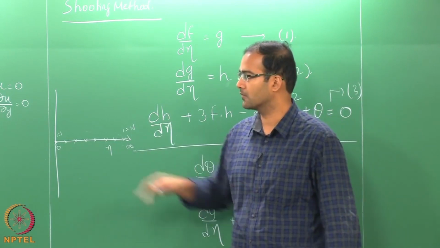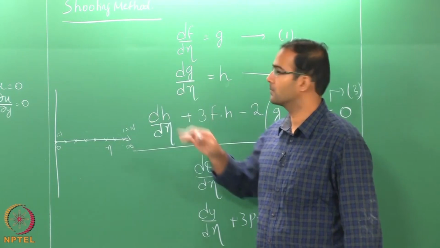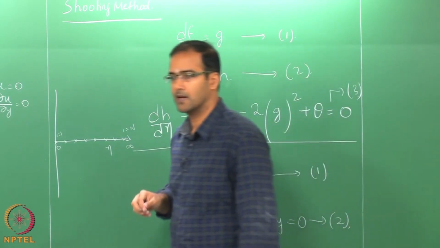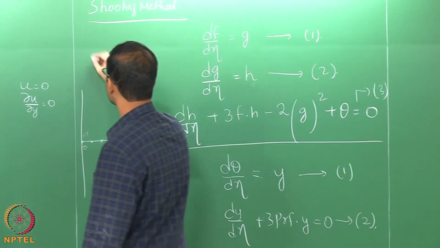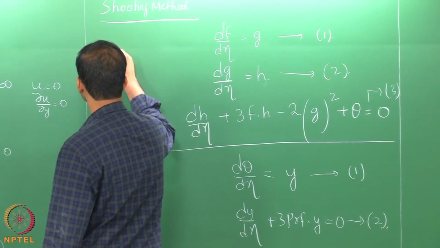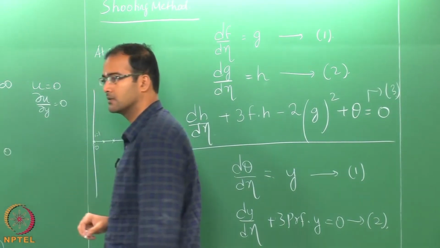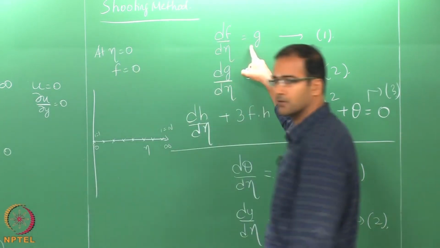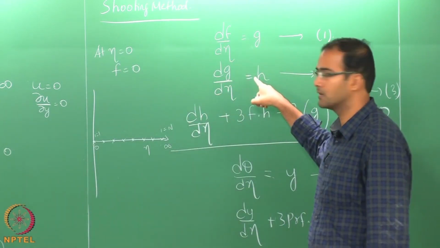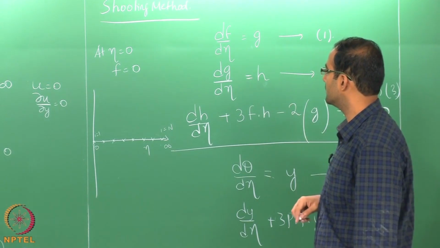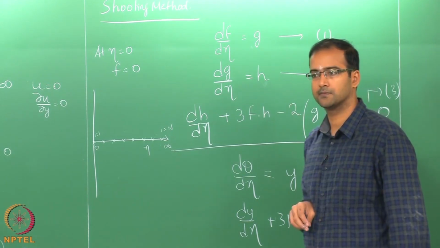Let us see how we convert this into the equivalent boundary conditions. As far as f is concerned, at eta equal to 0, we have f equal to 0 known. Therefore, the first equation can be solved straight away. What about df by d eta?